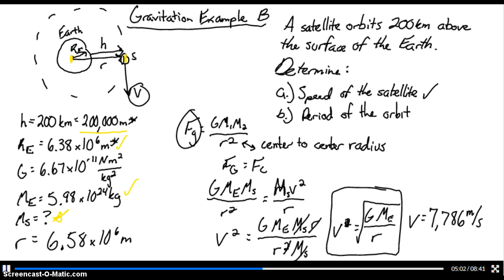I'm going to go to another page and now find the period of the orbit. So let's add another page. If we look at a little review here, we remember the period, and we're on part B. Period is abbreviated by a capital T, and that's the time to complete one revolution.